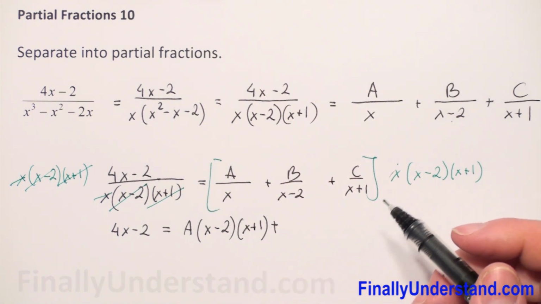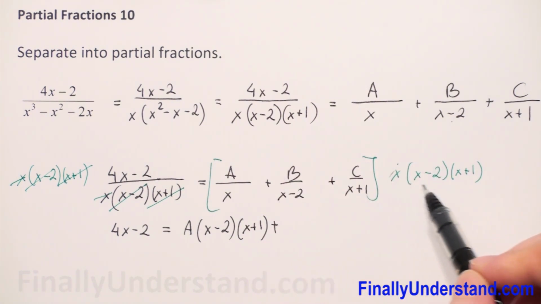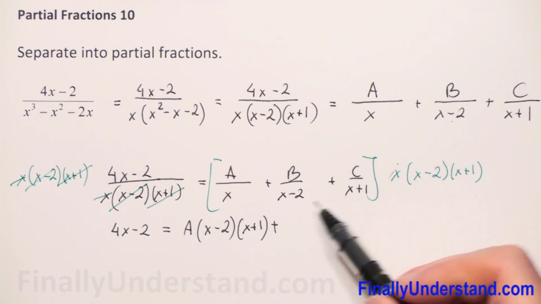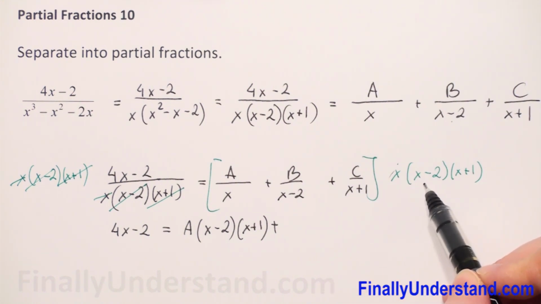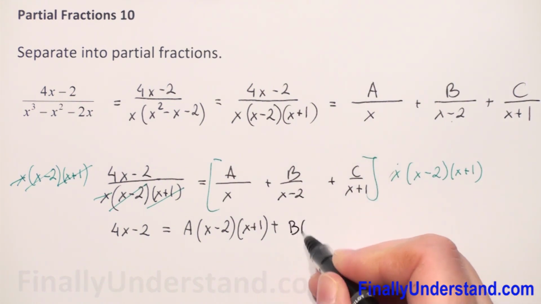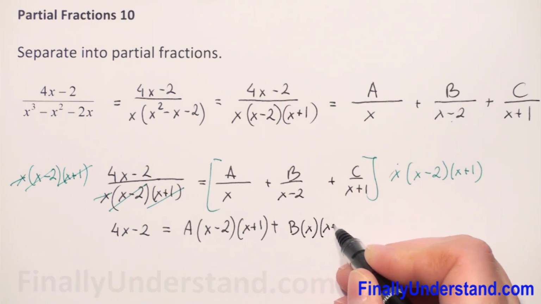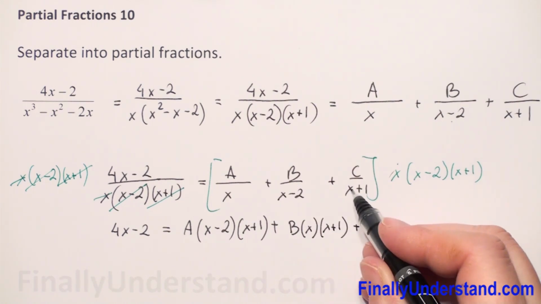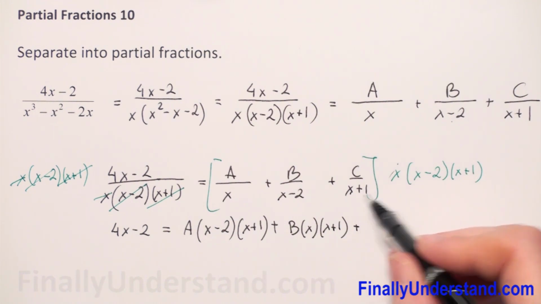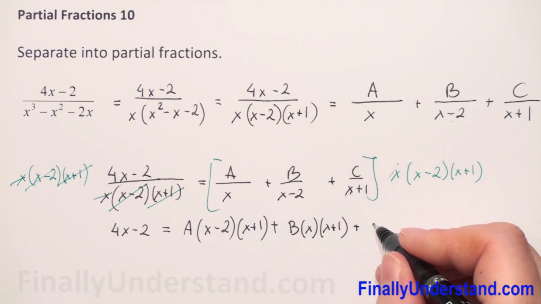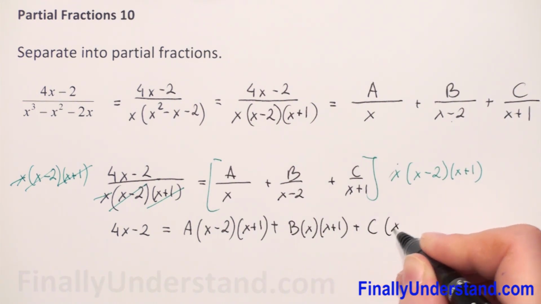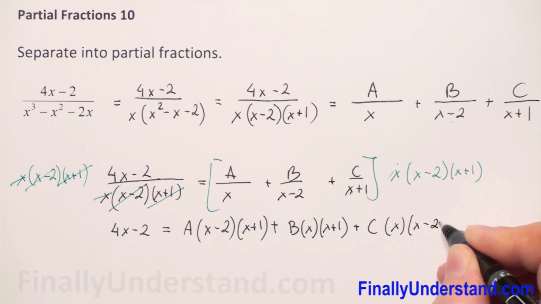The second fraction we multiply by this whole expression, so x minus 2 will reduce with x minus 2, and we have only B times (x plus 1). And the third fraction, x plus 1 and x plus 1 we can reduce, and we will have only C times x times (x minus 2).